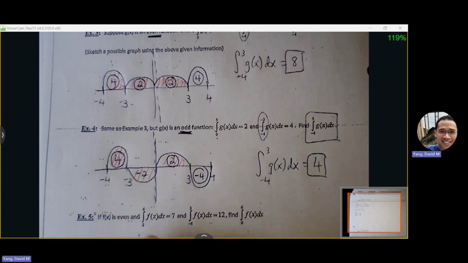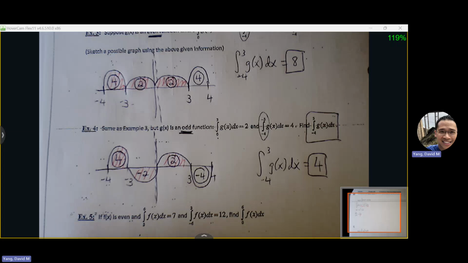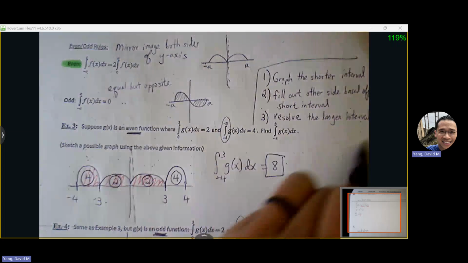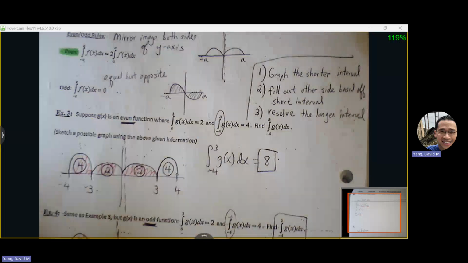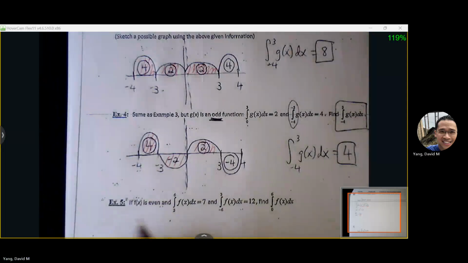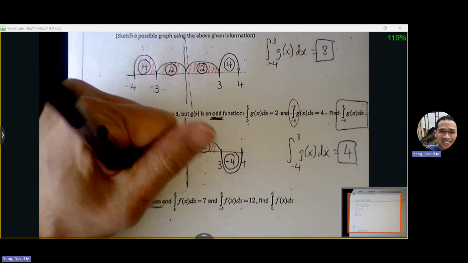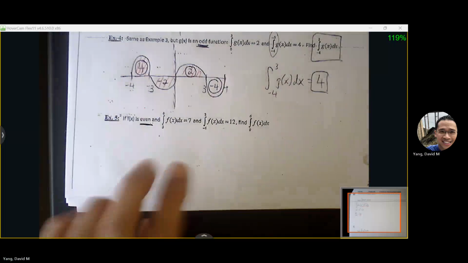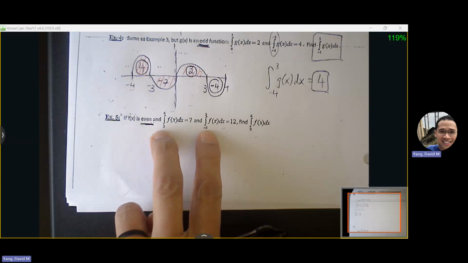Okay, so this example 5, we're going to see some overlapping between larger and smaller interval. So this is where following these steps is going to be important for us. Okay, we're back to even functions. 3 to 6 versus -6 to 3.